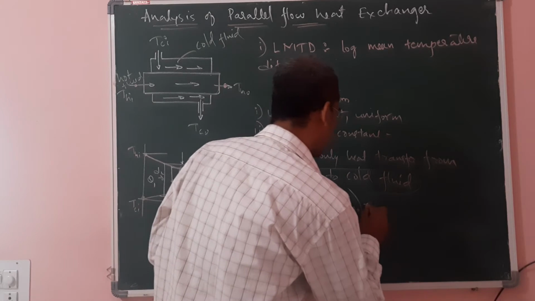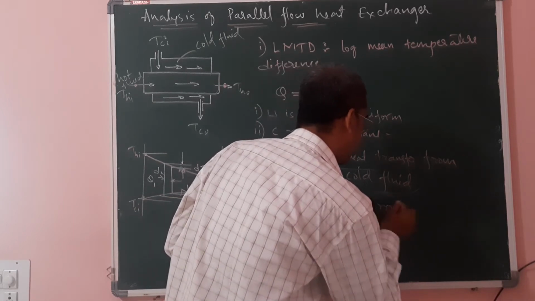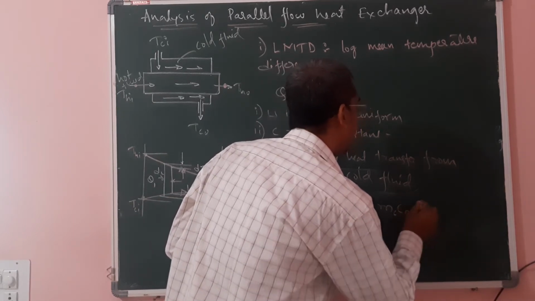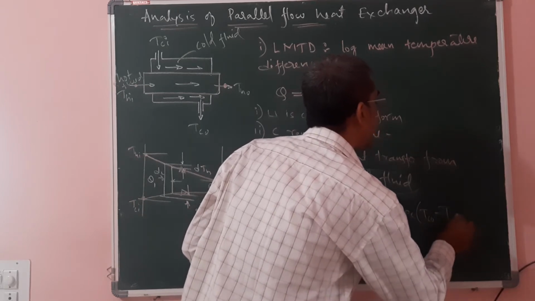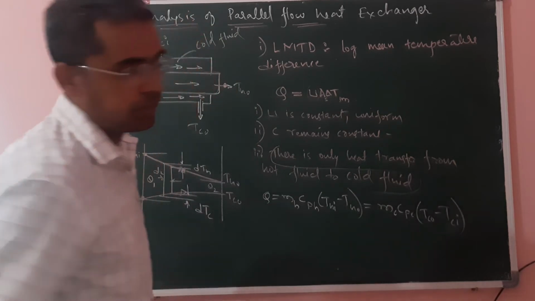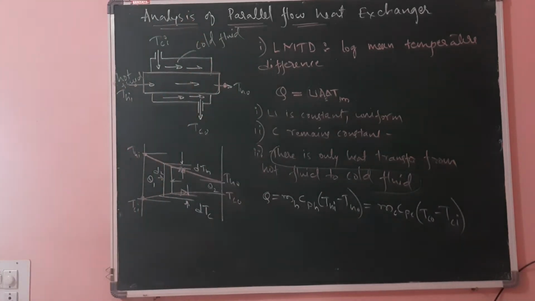Therefore, it will be equal to mass flow rate of the cold fluid into specific heat of the cold fluid into cold fluid outlet temperature minus cold fluid inlet temperature, because the outlet temperature of the cold fluid will be higher.